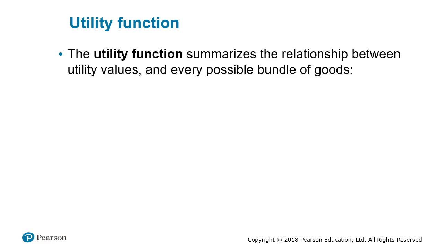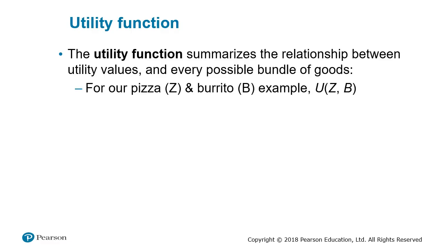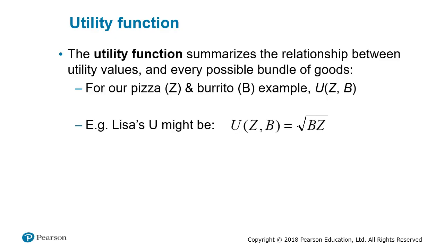The utility function sums up the relationship between utility values and every possible bundle of goods, usually in the form of an algebraic expression. So for our pizza and burrito example, continuing with the simple example of Lisa consuming those two goods, utility is a function of pizza consumption and burrito consumption.